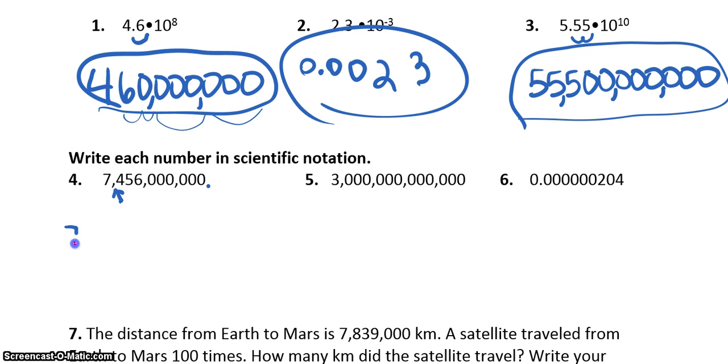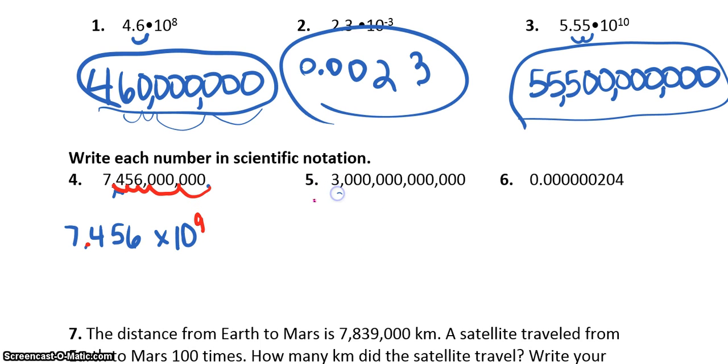So I'm going to rewrite it as 7.456, and then it's always times 10 to the what power. So now we go back and count how many spaces we moved it: 3, 6, 7, 8, 9. So 7.456 times 10 to the 9th power. It was a really large number, so it has a positive exponent.